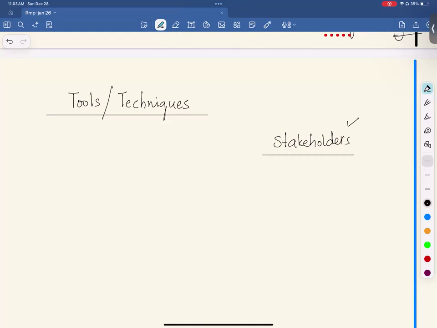Tell me what inputs you need, what things you think you should consider while developing this. Please write in the chat. You have 60 seconds. Inputs required to develop a risk management plan.